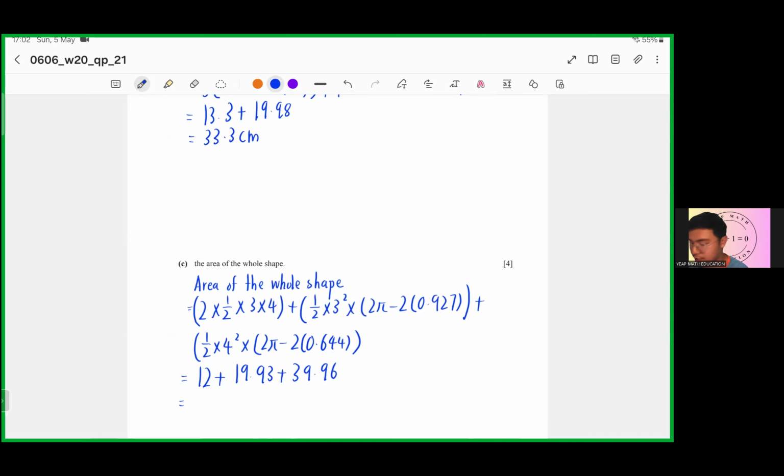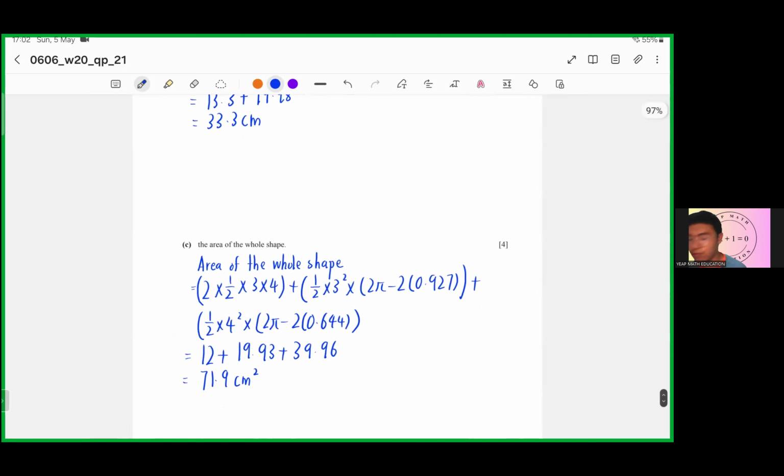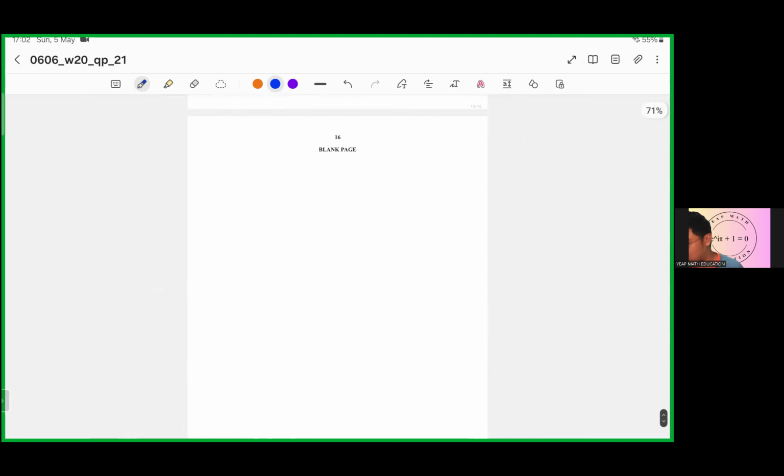We get the answer is 71.9 cm square. So I already finished this question.